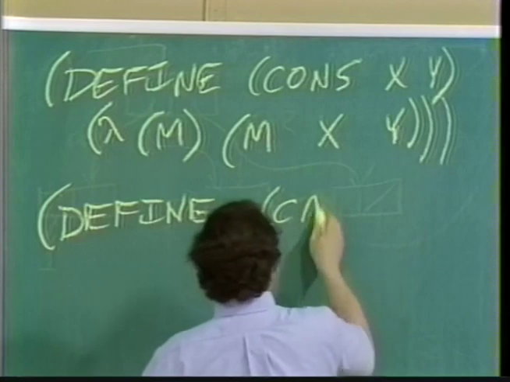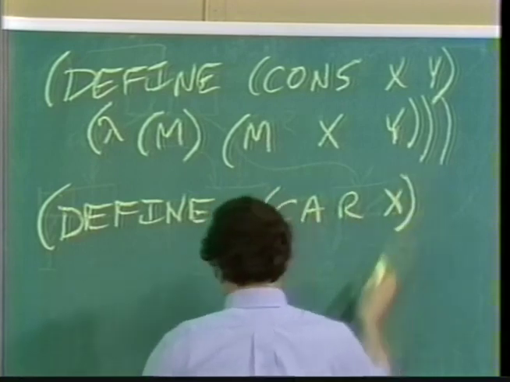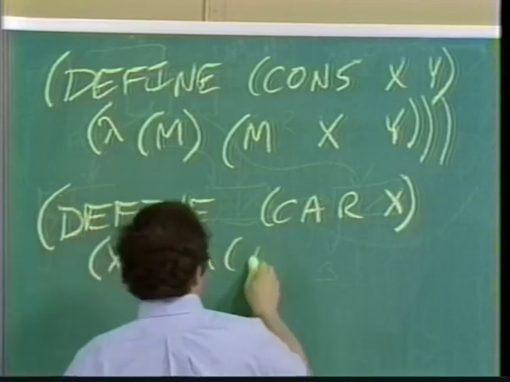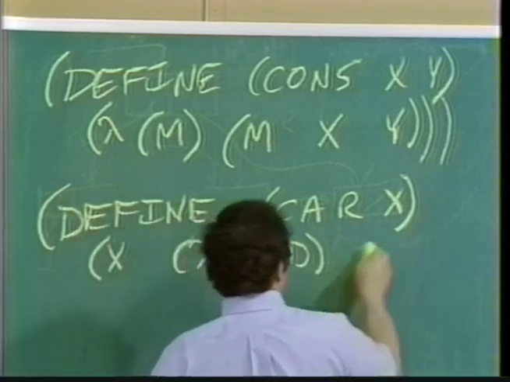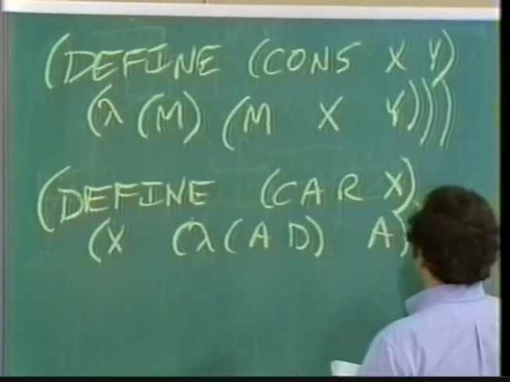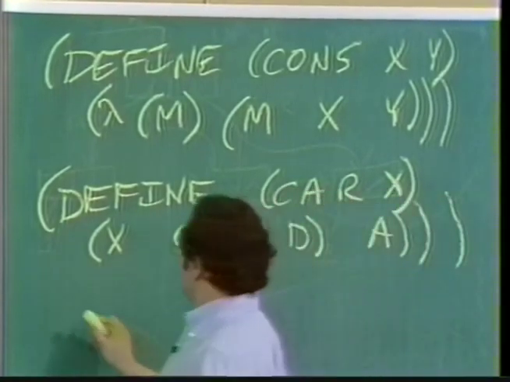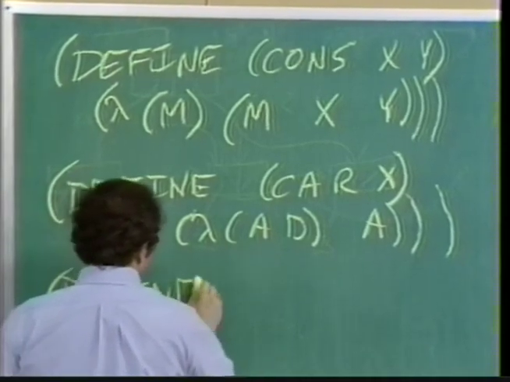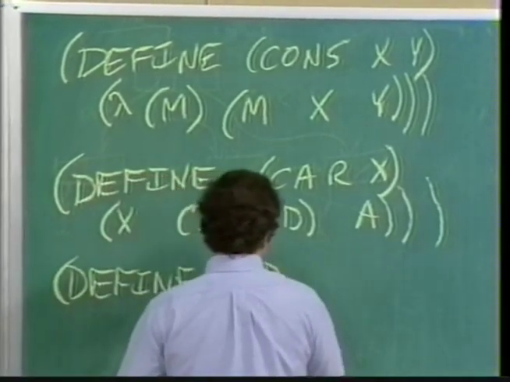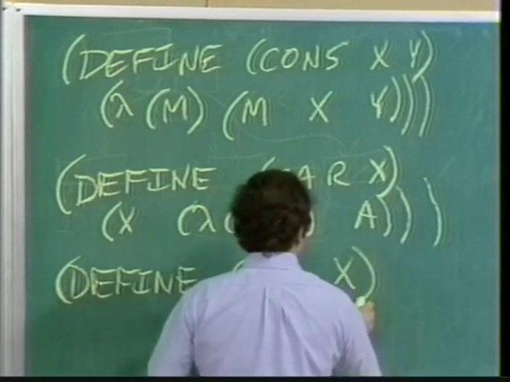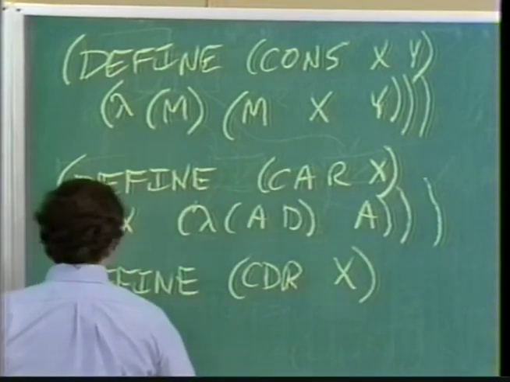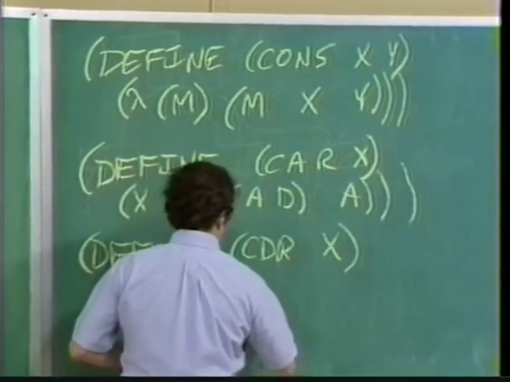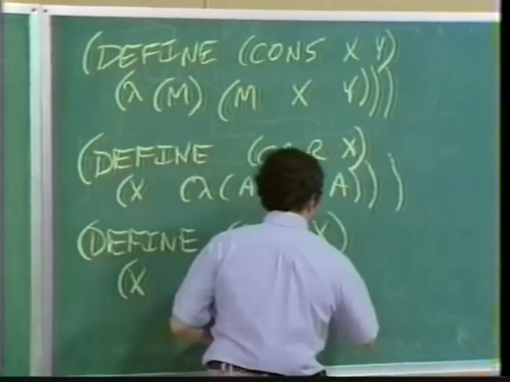Define car of x to be the result of applying x to that procedure of two arguments, a and d, which selects a. And we'll define cdr of x to be the result of applying x to that procedure of a and d, which selects d.